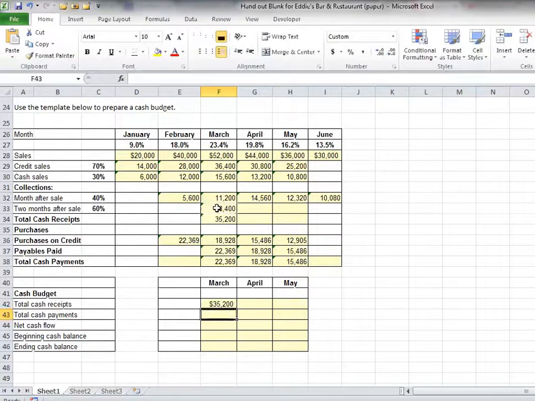And I see I forgot to drag this over. Okay. Total cash receipts. Same thing. I can drag this over. Total cash payments. Okay, so my net cash flow is going to be my receipts minus my payments.